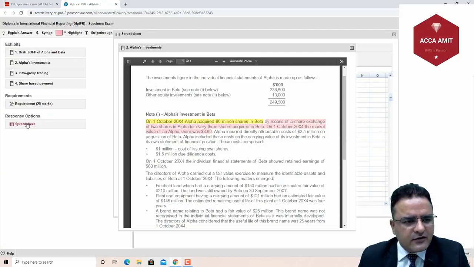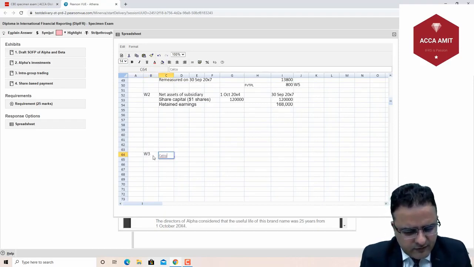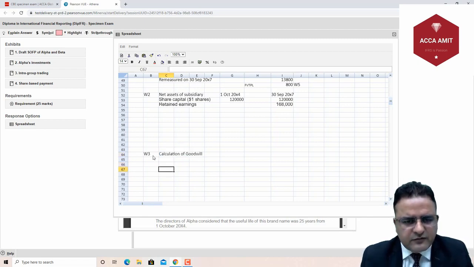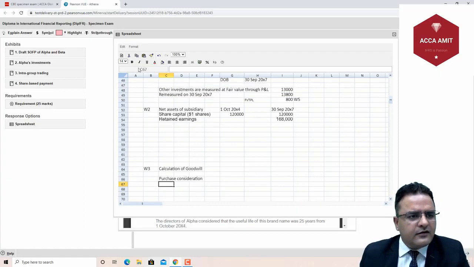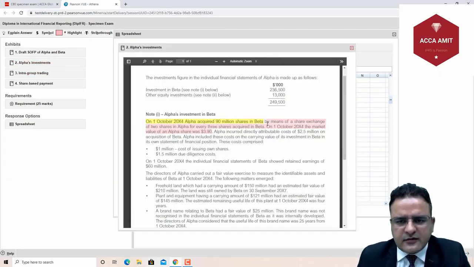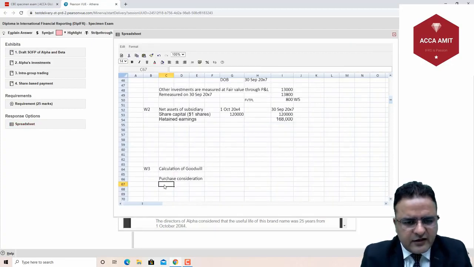Or we can first calculate the value of these shares. So if I go to working note number 3, let's open up working note number 3 all together here. We need calculation of goodwill. Now in calculation of goodwill, we'll be needing this information of purchase consideration, and purchase consideration is these shares acquired. So we have acquired 90,000 shares by means of a share exchange.